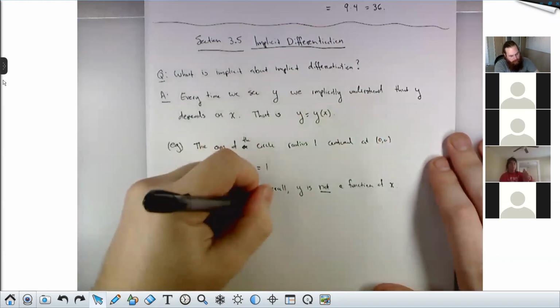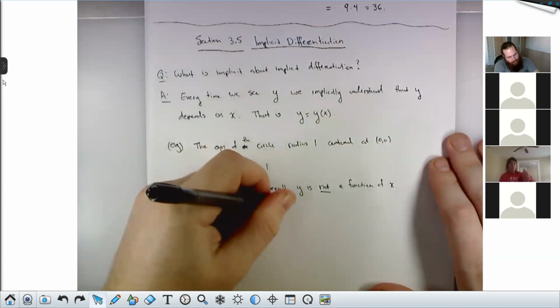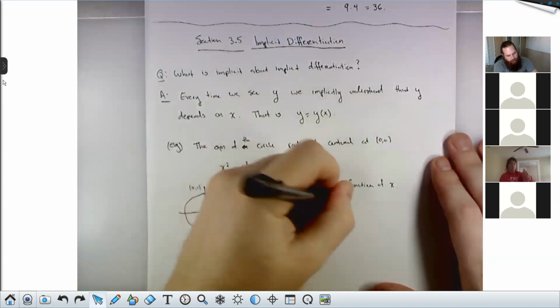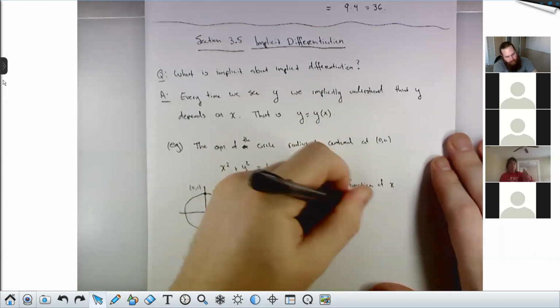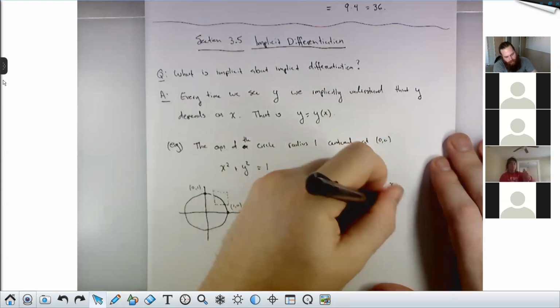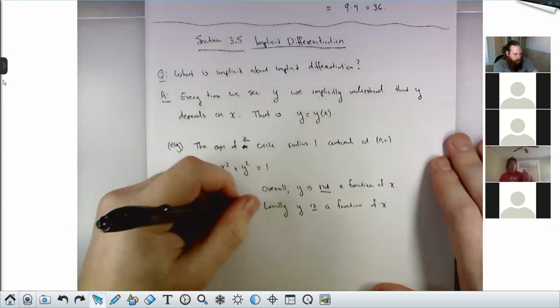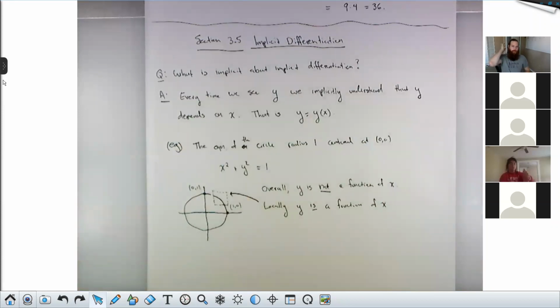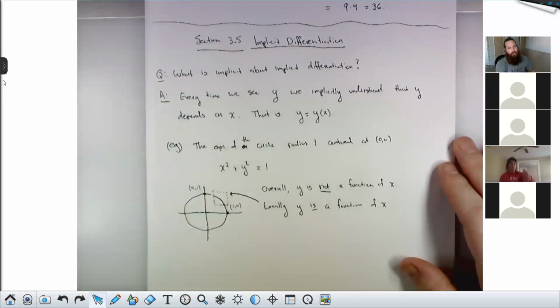But locally, y is a function of x. By locally, I mean, look at this part. If you take just a little piece of the unit circle, that little piece still has the same equation, just with a restricted domain. And this little piece on its own does pass the vertical line test.